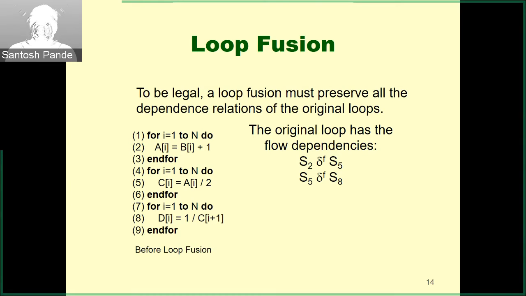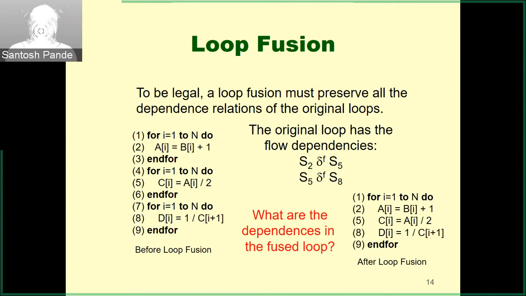S5 is dependent on S2 because of A of I, and S5 and S8 also have dependence because of flow. As you can see, S8 is dependent on S5 because it's generating the new data in S5, which is going to get used in S8. So both are flow and forward dependencies, as you could easily imagine.